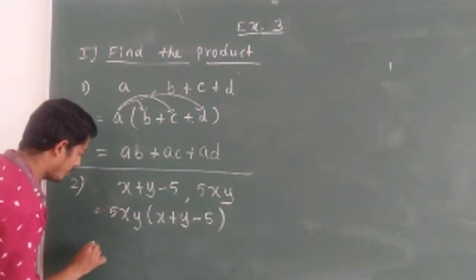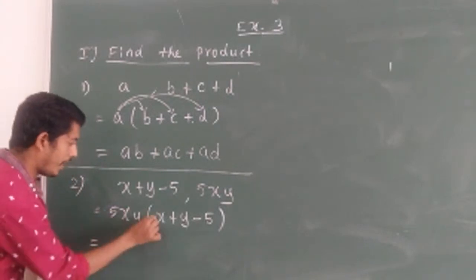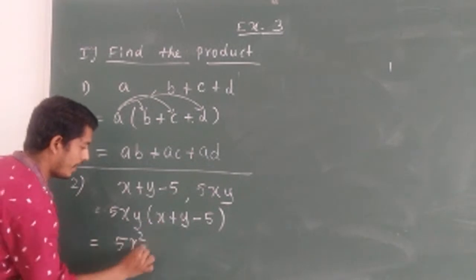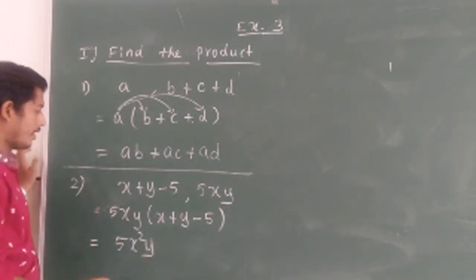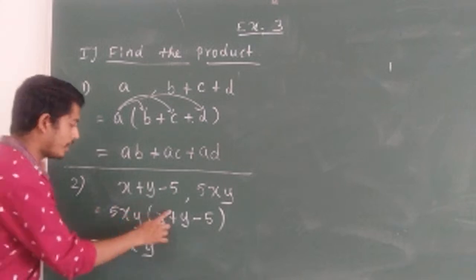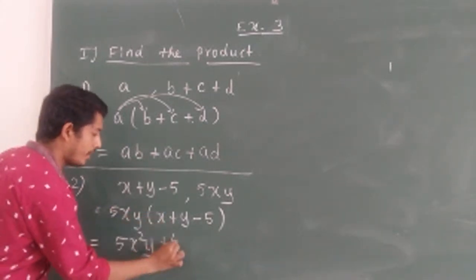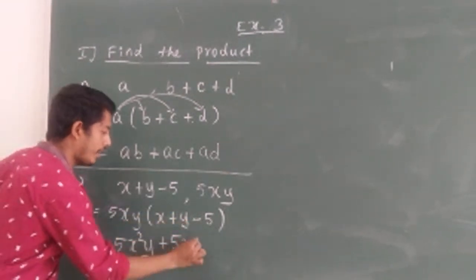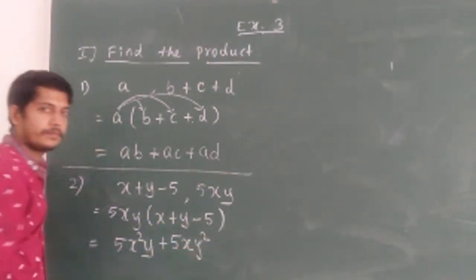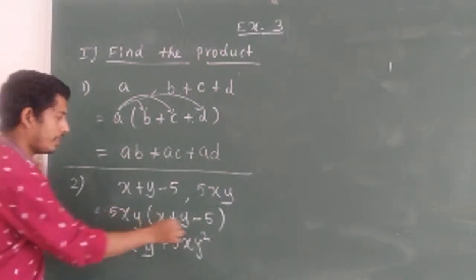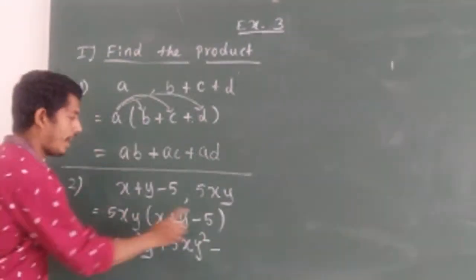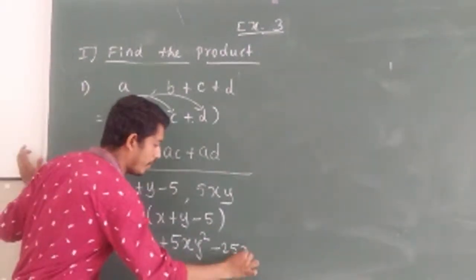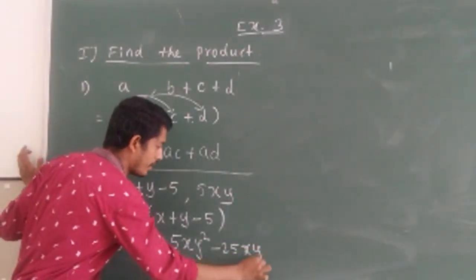Plus into plus, 5 into 1, 5, x into x, y and y. Then we multiply the second term, plus into plus, 5 into 1, 5, x into x only, y into y, y square. The next one, plus into minus, minus, 5 fives are 25, xy, there is no variable term, so that becomes x into y.